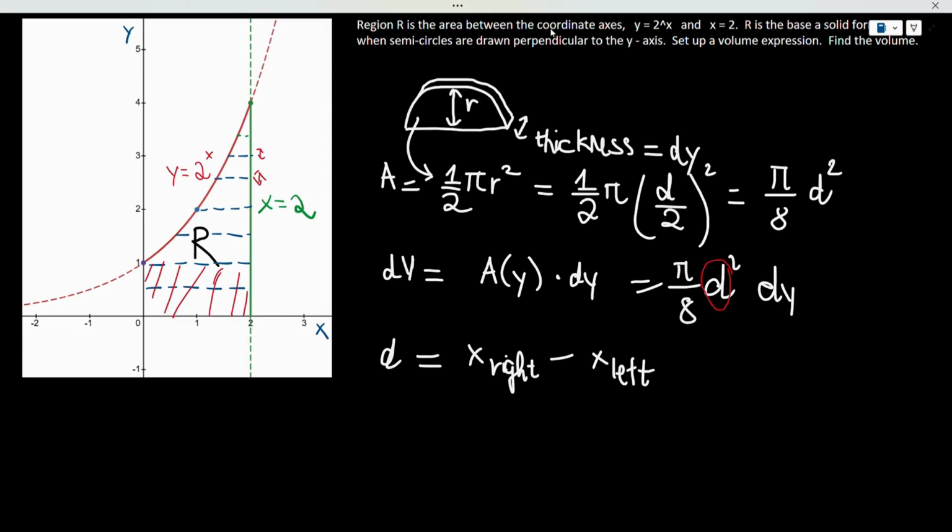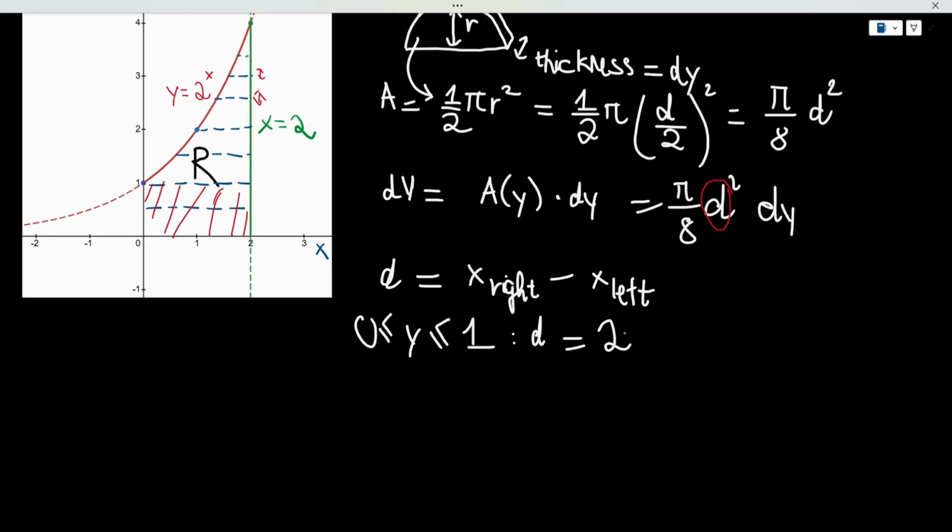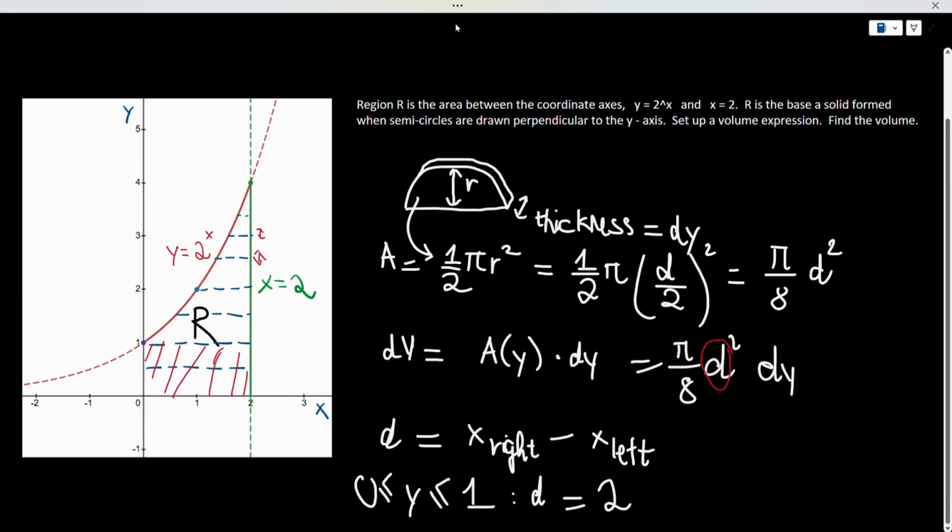So I'm going to write here, from 0 less than or equal to y less than or equal to 1, d equals 2.